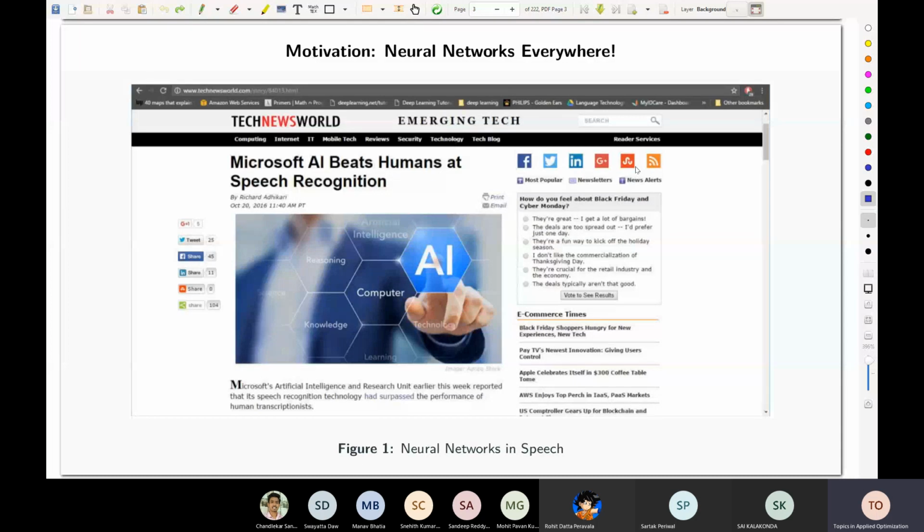As you may know by now, neural networks are everywhere now. So it can be used in speech recognition. Okay, so if someone is speaking, then the computer has to recognize what those words are. For example, the applications are Siri, Alexa, and so on.